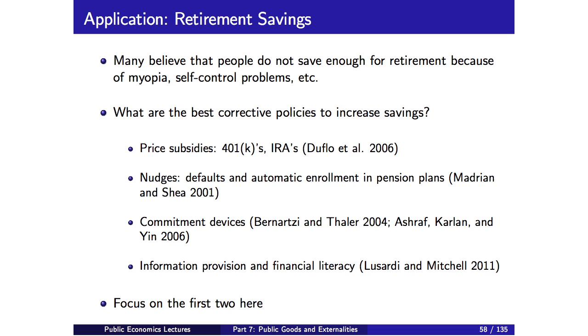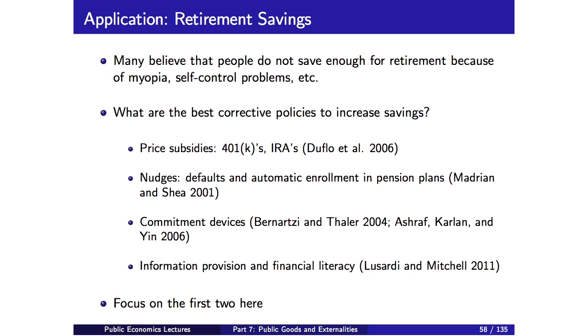And then there's another set of papers, quite a big literature, on information provision and financial literacy. So saying that maybe people are not saving enough for retirement because they don't know how important it is to save or how they should be saving. And so there's a lot of work on experiments that basically try to simplify pension plans and provide information.